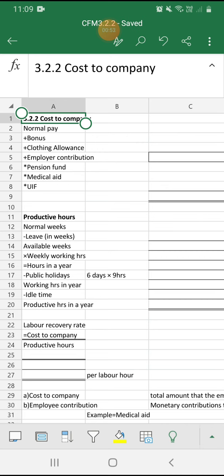Bridget receives a clothing allowance of 400 Rand per month, and then we were given the normal deductions. We were given the employer contribution and the employee contribution. These contributions consist of the pension fund, medical aid, union fees, unemployment insurance fund, and pay as you earn.